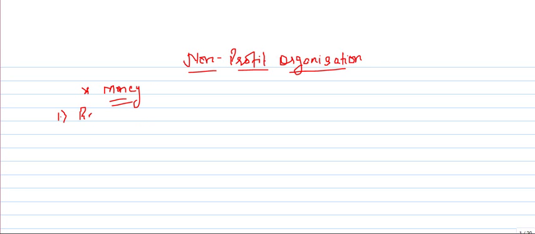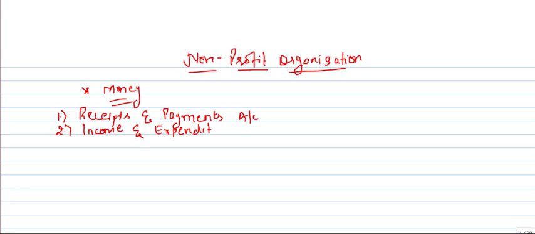Now then we discussed what are the accounts that are to be prepared. The first is receipts and payments account, right? Second, we have to prepare income and expenditure account.